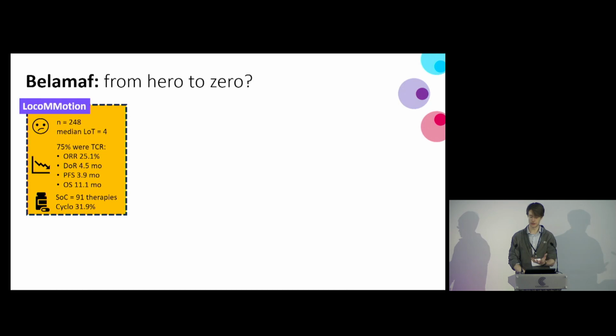For me, the standout stat was that there were 91 unique therapies used across these 250 patients, and you could either see that as a triumph of personalized medicine or maybe running out of ideas. It's certainly the case that cyclophosphamide was the most prescribed, with 32% of patients receiving it.